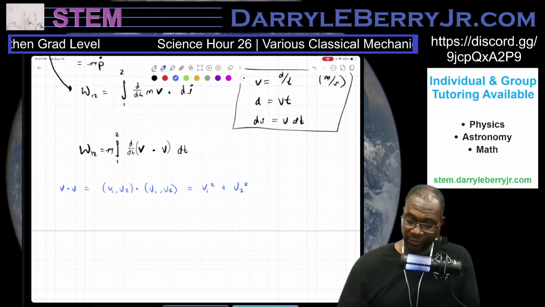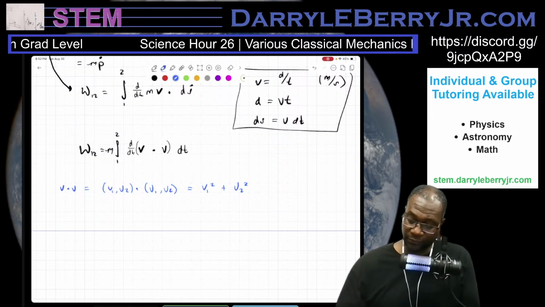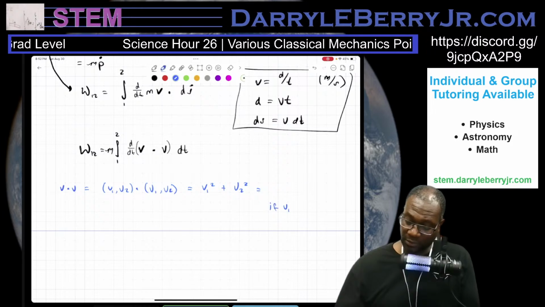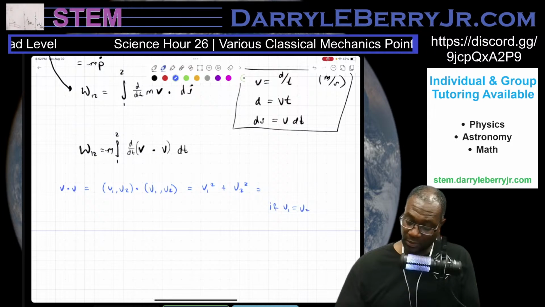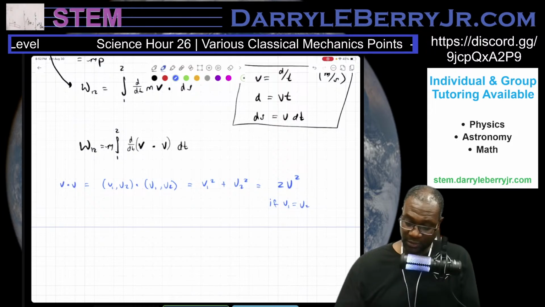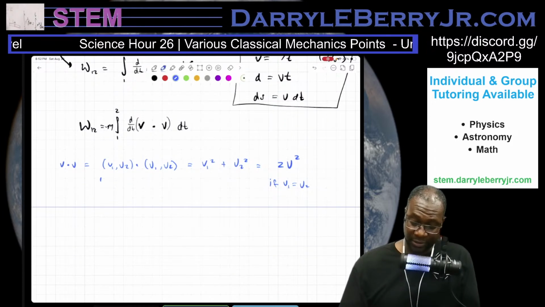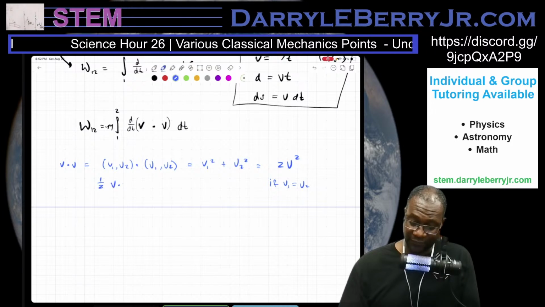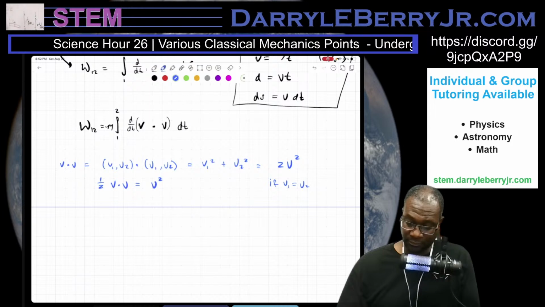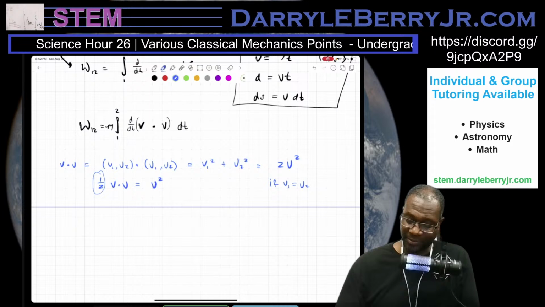And we can say that if v1 equals v2, this is 2v squared. So if I put this together, I can say 1/2 v dot v equals v squared. And I'm still working out where a 1/2 pops out here somewhere.